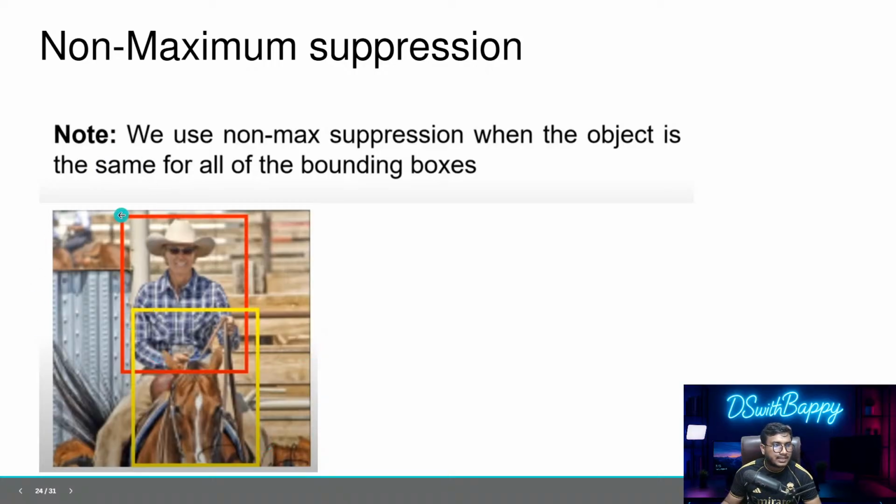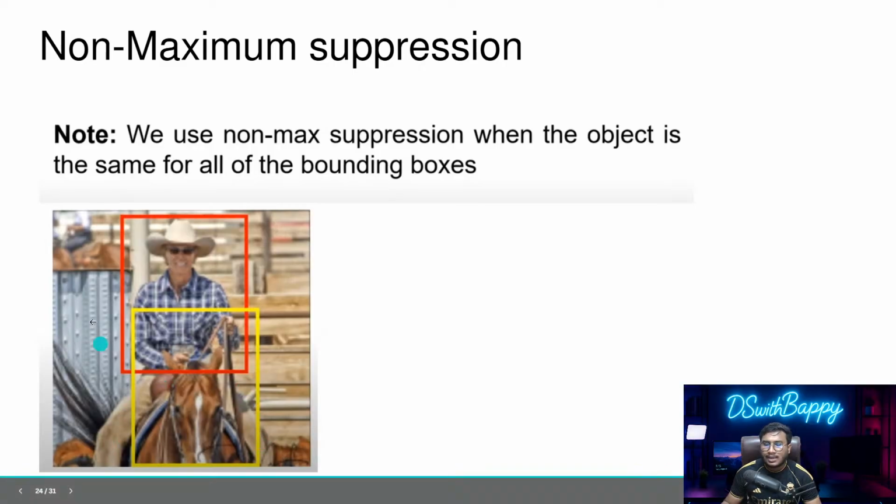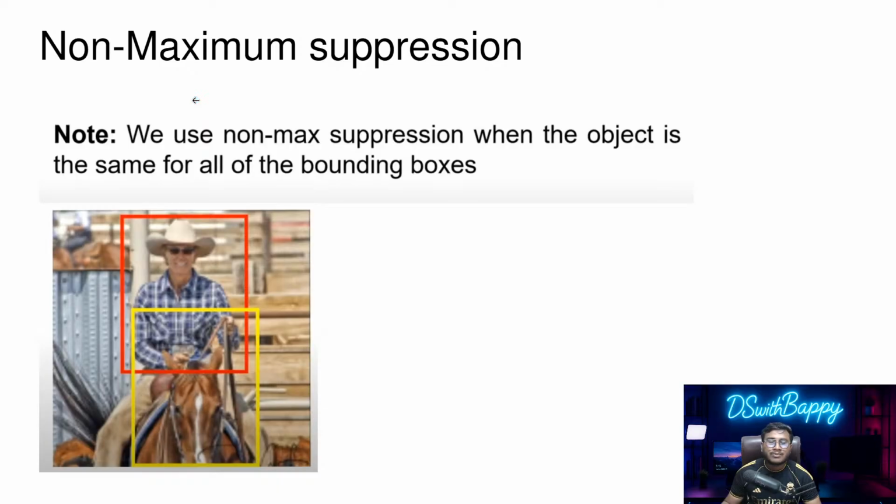So this is one example. Let's say this box has detected the person and this box has detected the horse. Now the objects are different. That time we can't use non-maximum suppression. We can only use it whenever we have the same object present inside the image. So here I have written we use non-maximum suppression when the object is the same for all the bounding boxes. Not the different ones.